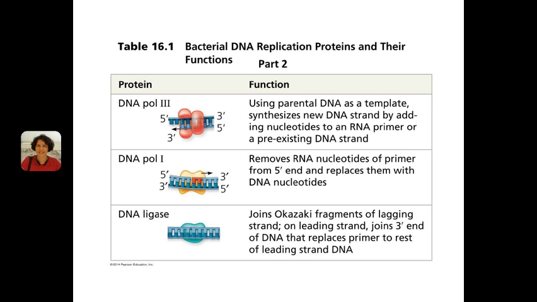So there is a little nick, you can see it here, that is going to be left, and that nick is going to be sealed by DNA ligase. So DNA ligase catalyzes the formation of a phosphodiester bond between two nucleotides on the same strand.